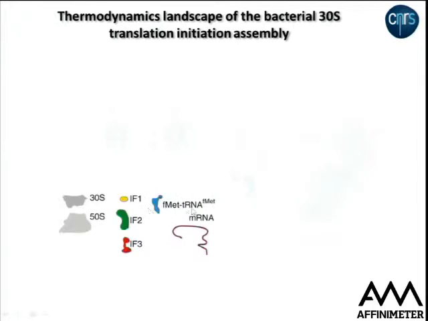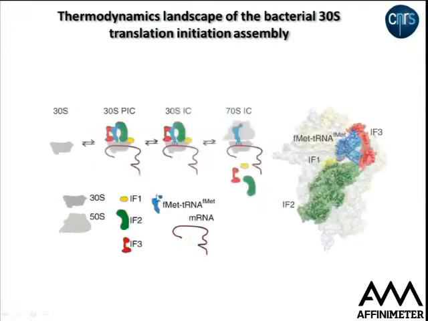It involves the initiator tRNA and a messenger RNA. And all these proteins and nucleic acids first bind to the small ribosomal subunits to form the 30S pre-initiation complex.